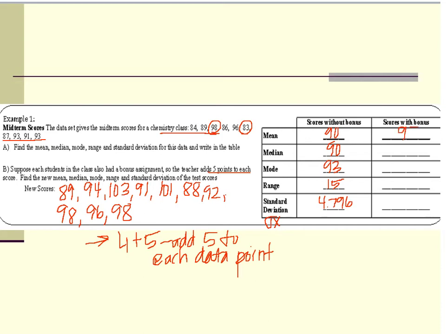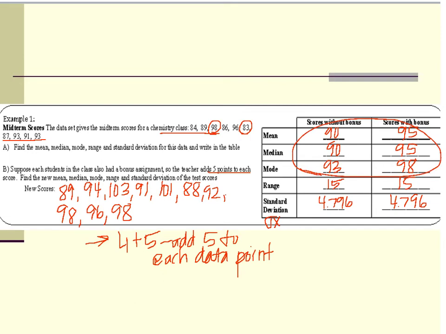Well, the new score is 95 for the mean, 95 for the median, 98 for the mode, 15 for the range, because now it's 103 minus 88, and then 4.796 for the standard deviation. And so here's what we found. Take a look at what changes.